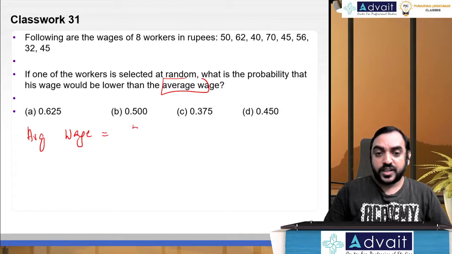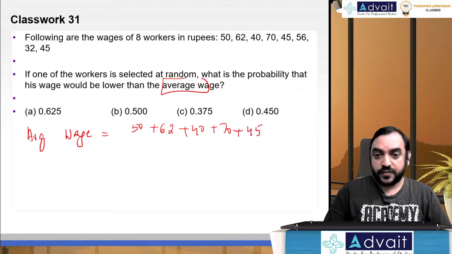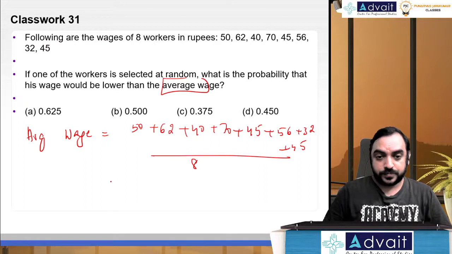Add all: 50 plus 62 plus 40 plus 70 plus 45 plus 56 plus 32 plus 45, divided by 8.